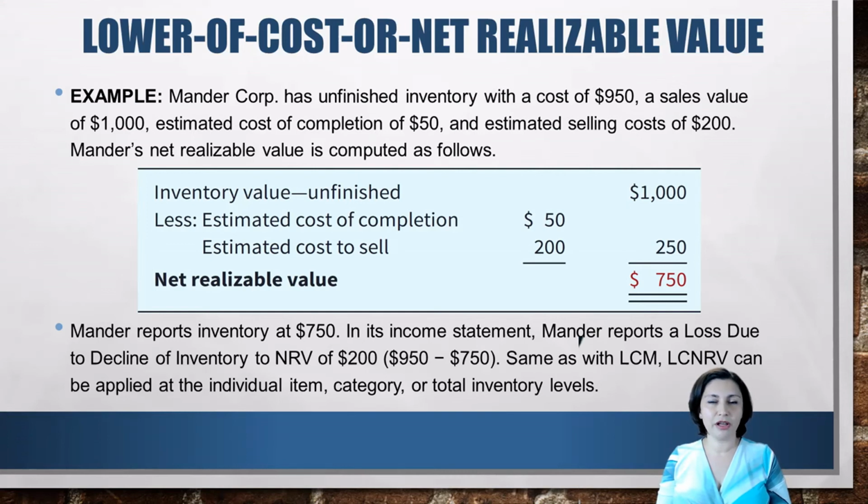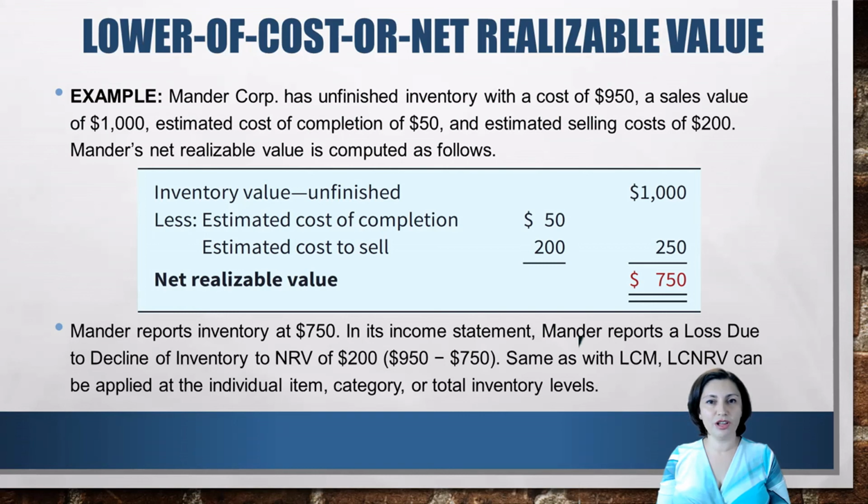Net realizable value is $750. Mender reports inventory at $750. In its income statement, Mender reports a loss due to decline of inventory to net realizable value of $200, $950 less $750.